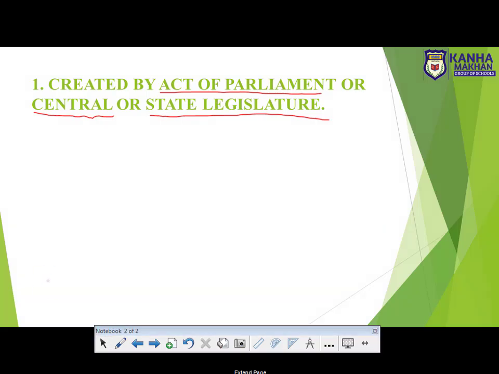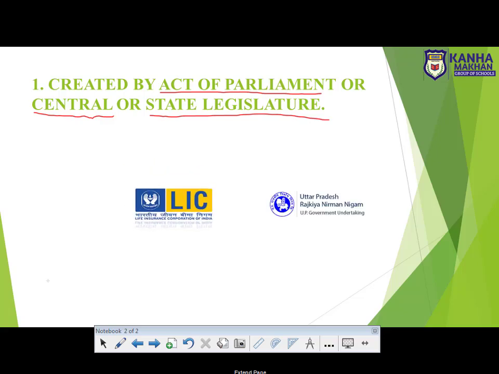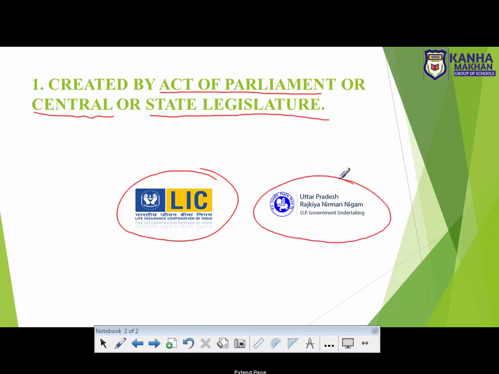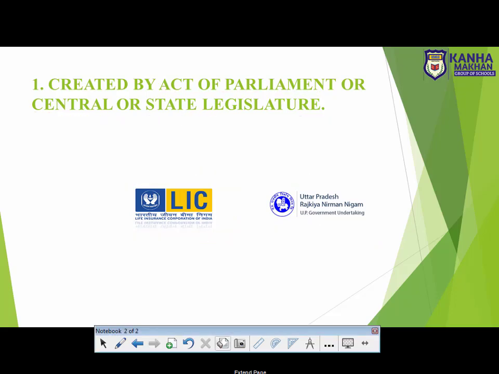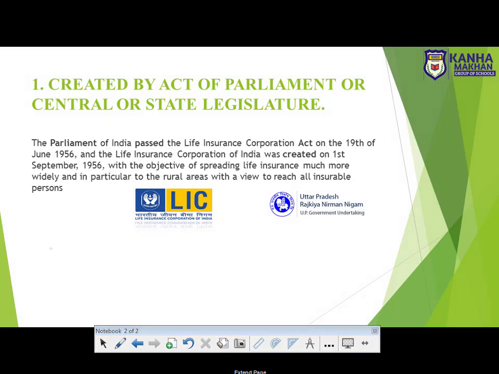Let's discuss with the help of two examples. In this, you can see two pictures on your screen. First is of LIC and second is of UP Rajkiya Nirman Nigam, which is a UP government undertaking. According to this, LIC is the creation of the LIC corporation.